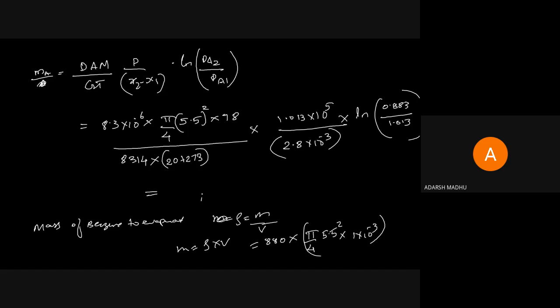That value, log PA2 by PA1. It was log PA2 by PA1, right? So there was a small change. PA2 is 1.013, divided by PA1 value, which was 0.883.